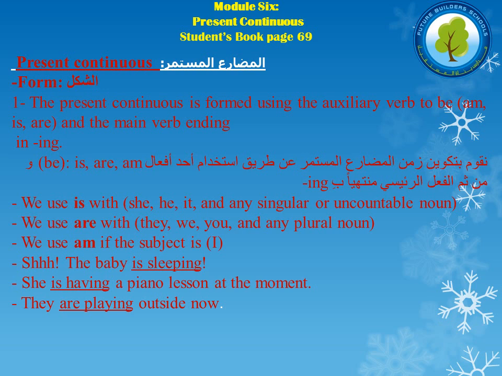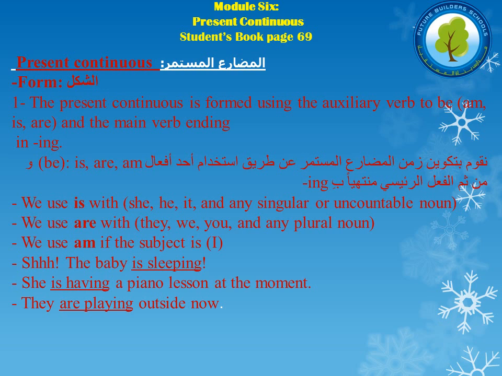إذا. So, we form the present continuous by adding ing to the end of the main verb. But the ing verb or the continuous form of the verb can't stand alone in a sentence. لا يقف لوحده في الجملة.